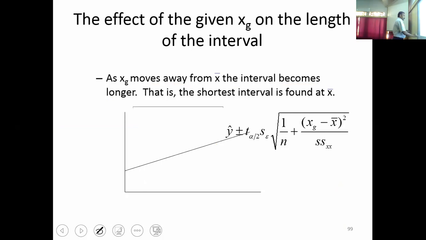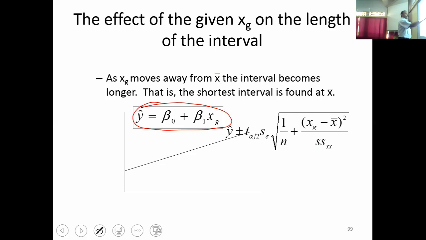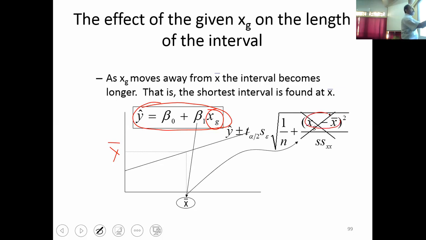So this is my predicted equation for a given x value. This is my x bar and this is y bar. When xg is equal to x bar, this component is missing.